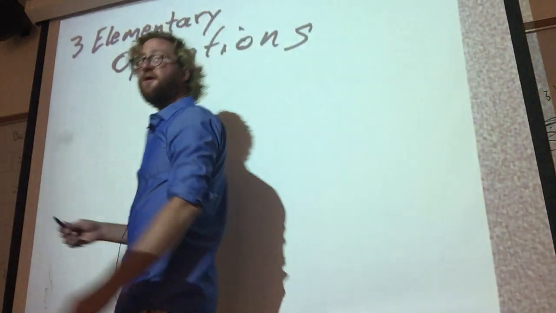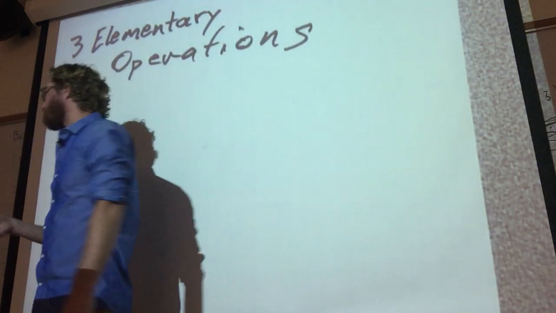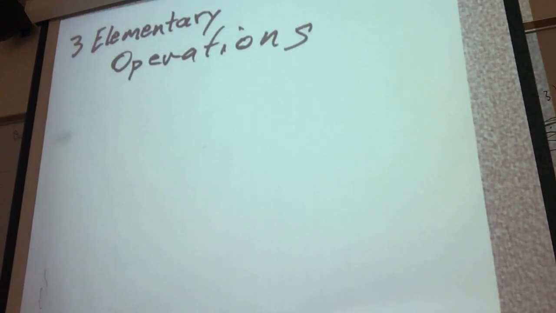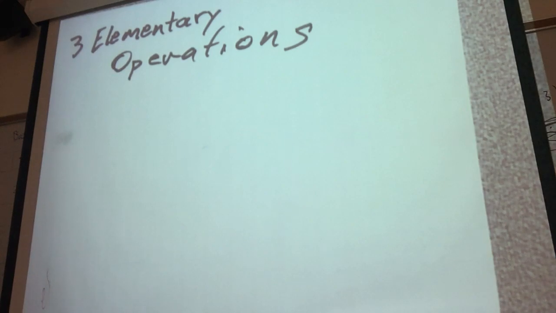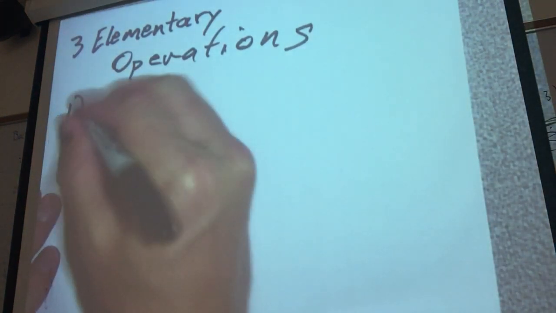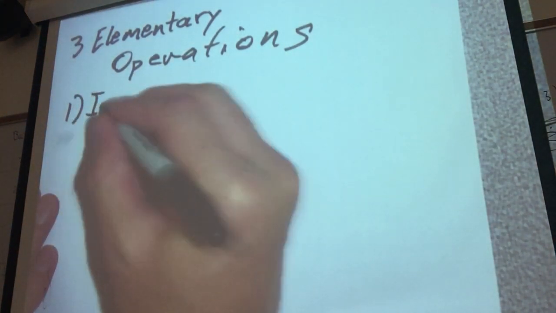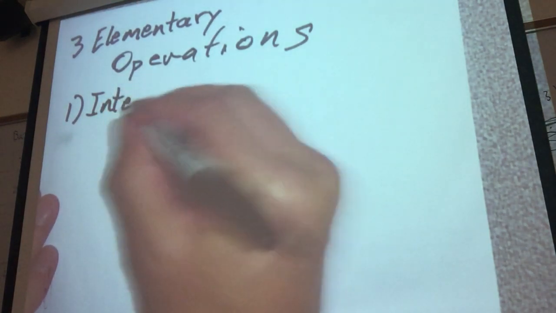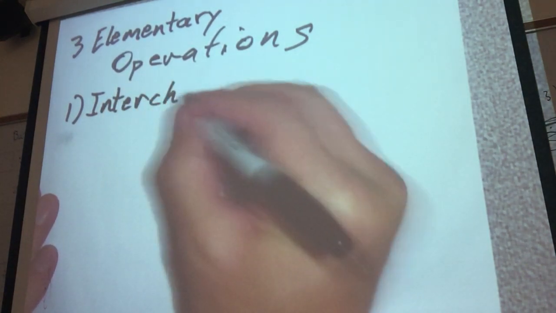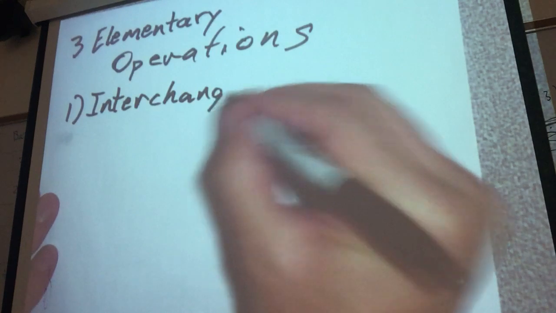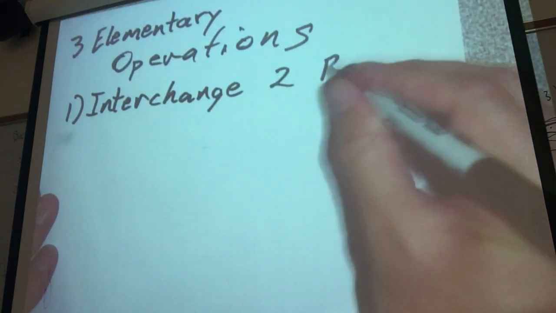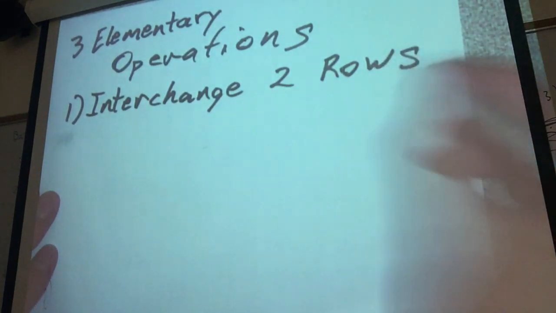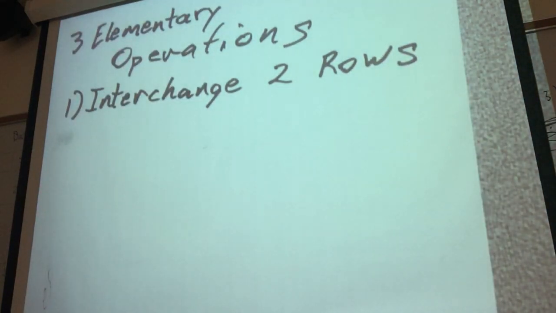Okay, so the three elementary row operations, okay? So the first one is that you can interchange two rows. It's basically just swapping a row, okay?